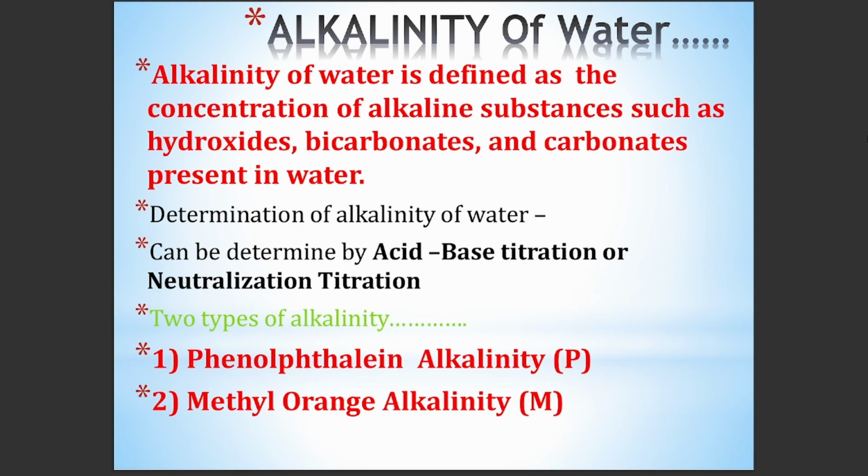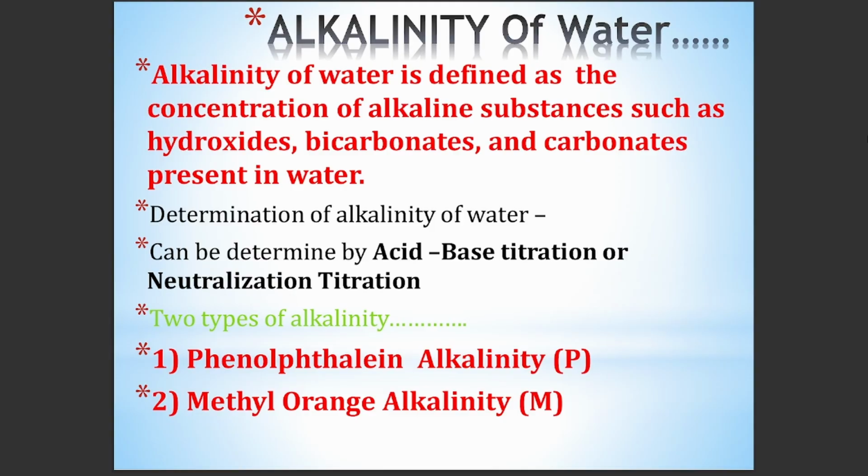So, dear friends, natural water, rainwater, is free from any type of impurity. But when that water comes on the earth and journeys on the earth, it may come in contact with different types of salts, and in that way the different salts get incorporated into the water sample, and they cause the hardness and alkalinity.